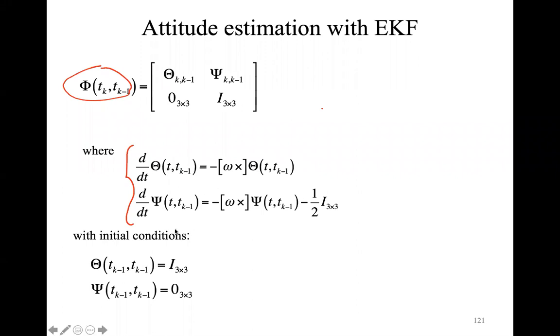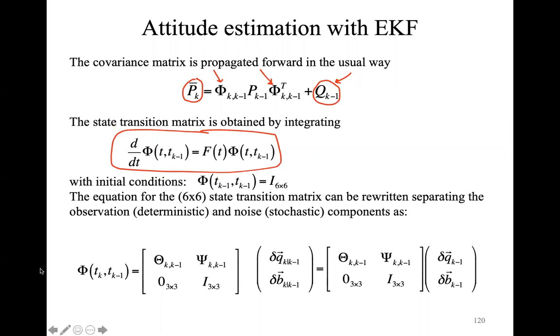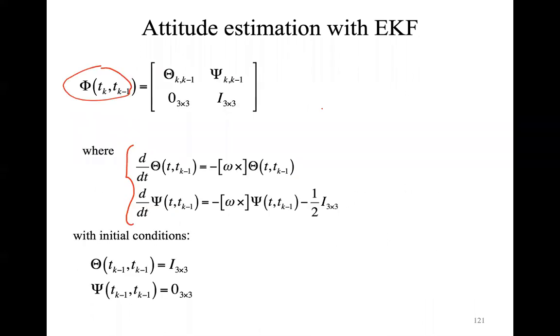So the idea here is that the transition matrix is divided into two different matrices. This simplifies the computation, because in order to compute a 6x6 transition matrix, you only need to propagate the two submatrices theta and psi.